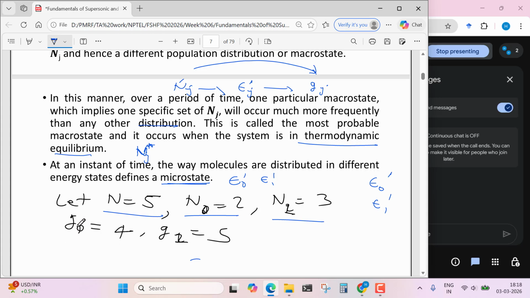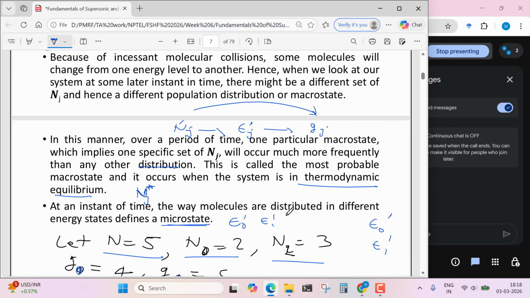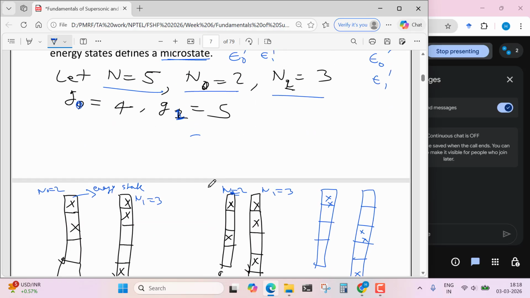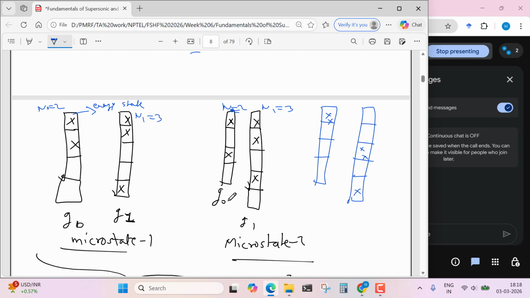The degeneracy of the 0 energy state is 4, and the degeneracy of the 1 energy state is 5. So how can we distribute these 2 and 3? In the first energy state we can distribute 2 molecules like this, and in the second we can distribute like this.